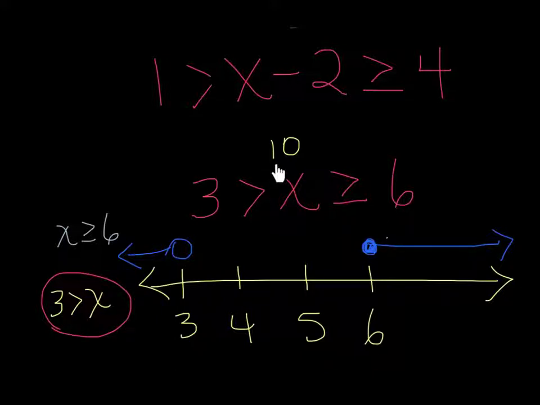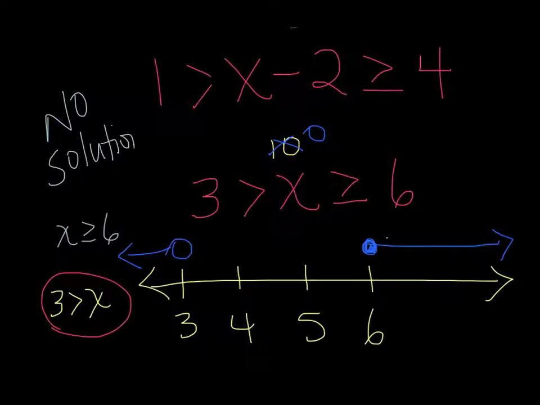Now, if I put in a number over here that's less than 3, let's say 0, 3 is greater than 0, however 0 is not greater than 6. So unfortunately for this, there is no solution to satisfy both of these inequalities, this one and this one. We are done for solving compound inequalities.